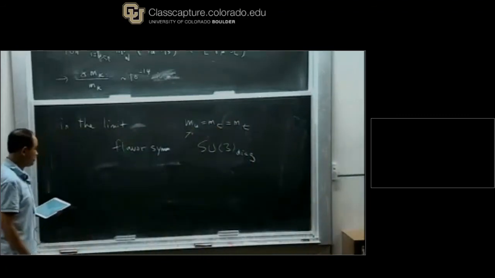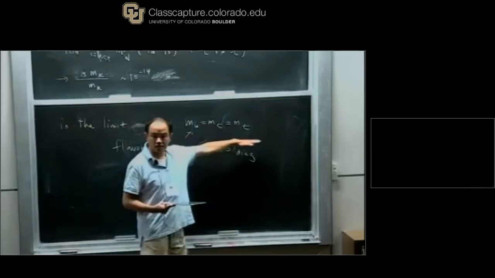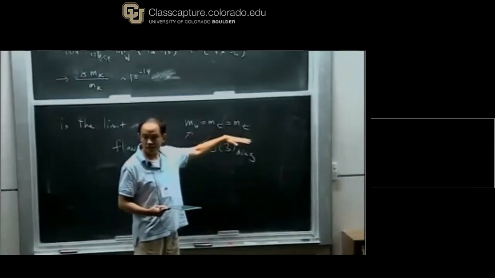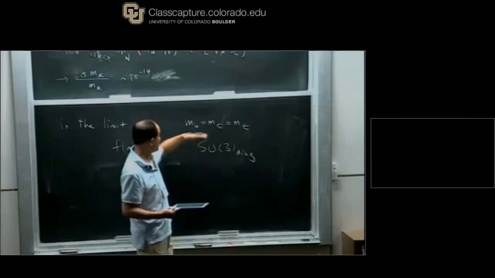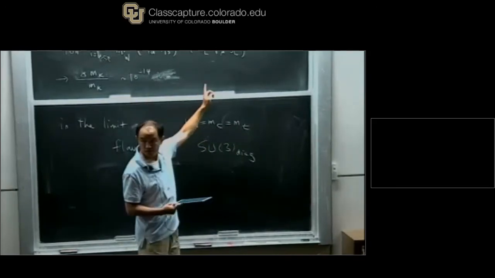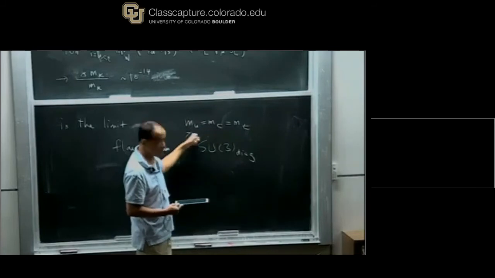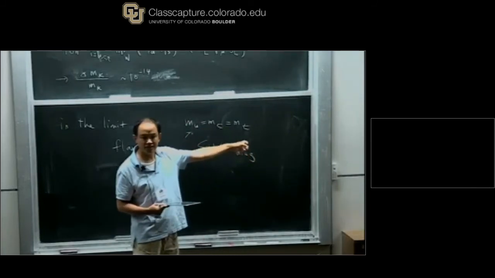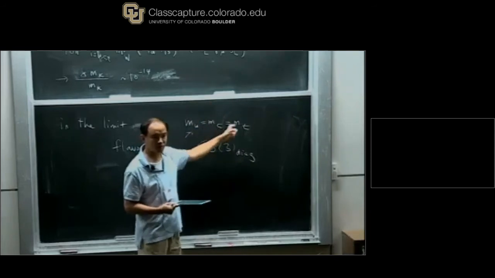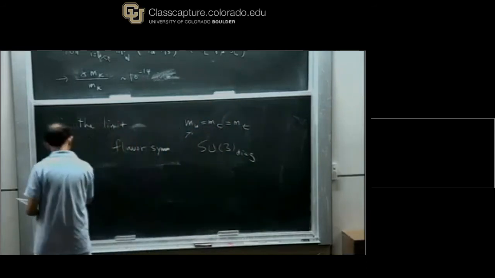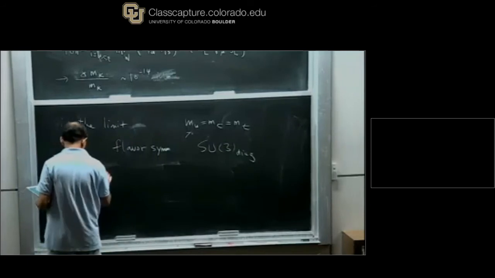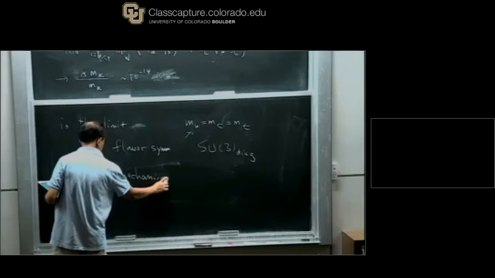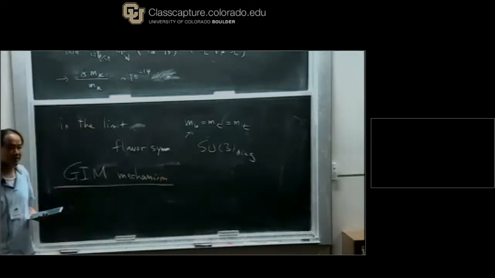And the fact that this effect is vanishing in this limit, or said the other way, the fact that the size of this effect is controlled by the difference in quark mass, is called the GIM mechanism.